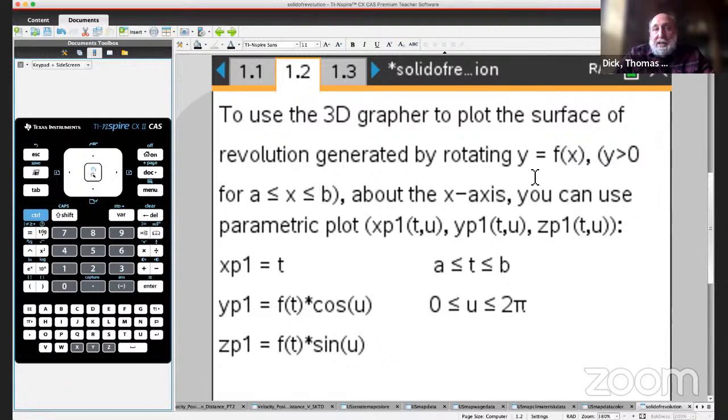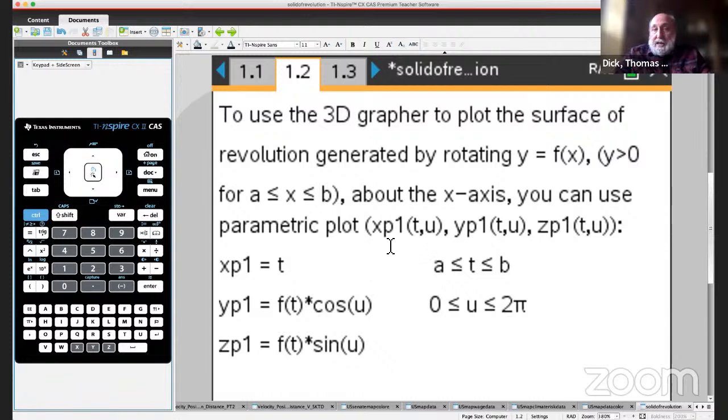And basically, the idea is to graph this. We're going to make use of a parametric plot. What I'm assuming here is I've got a function y equal f of x, and I'm assuming the function is positive over the interval a less than or equal to x less than or equal to b. That's the interval that I'm going to rotate this graph around the x-axis.